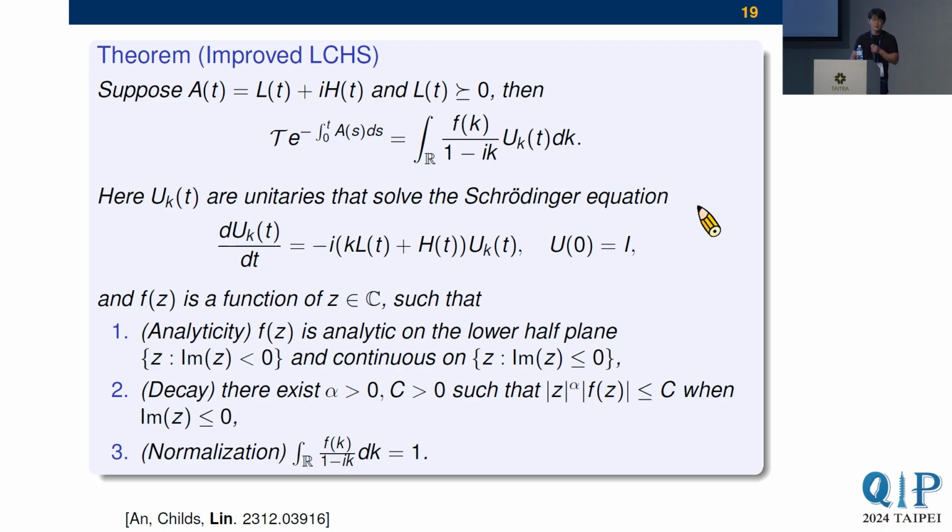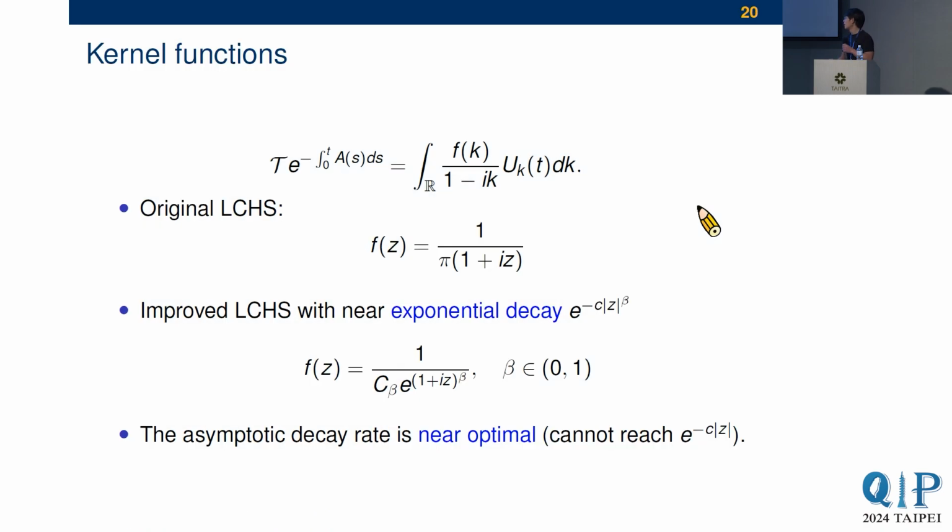Then you pick any such f that works. In particular, the original LCHS just means you pick f(z) equal to this function. This is complex analytic in the lower half plane, normalized, and decays like 1 over z, and therefore it works.